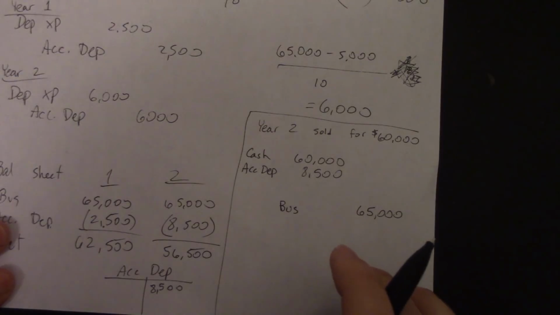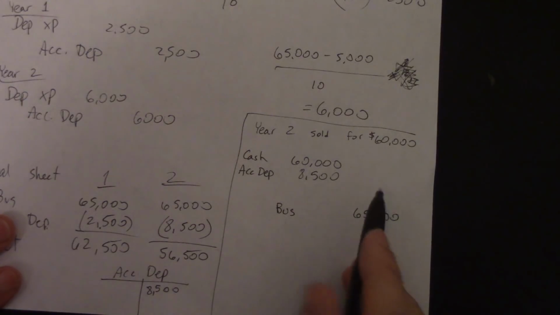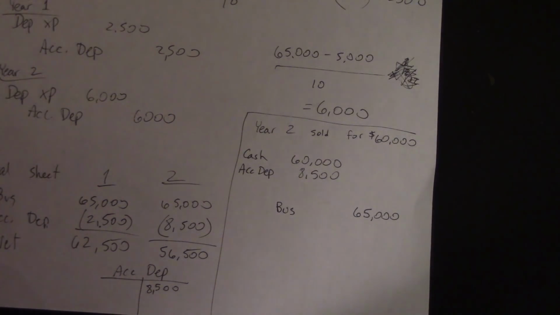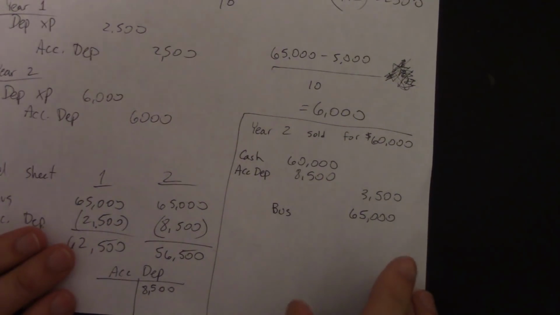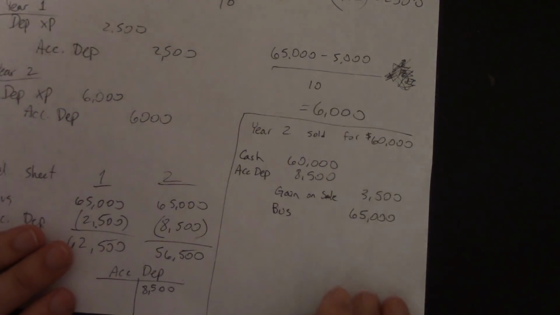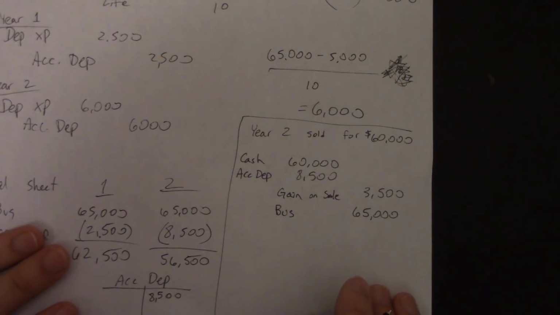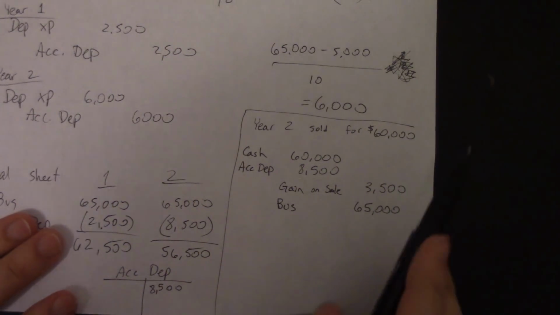Now this difference, we need a credit, it looks like. How much do we need as a credit? 68,500 minus 65. We need a $3,500 balance as a credit. That credit is a gain on the sale.